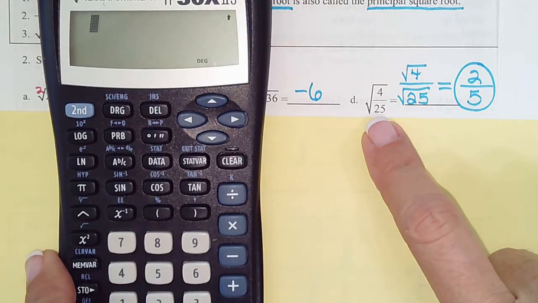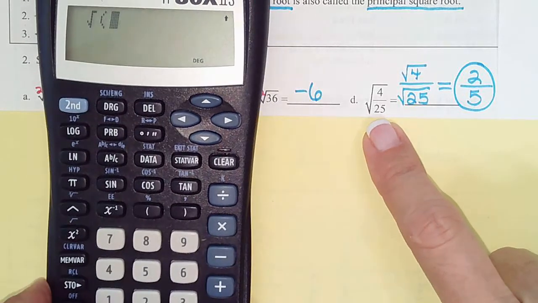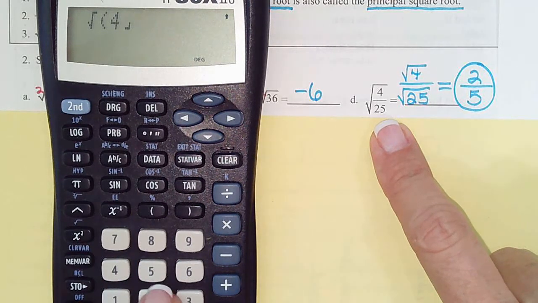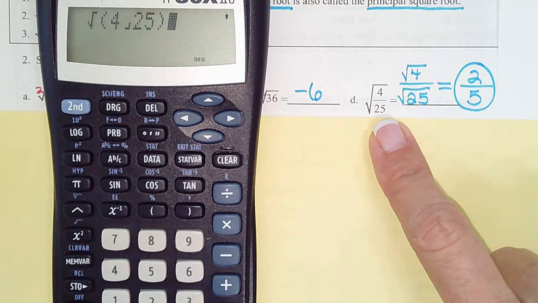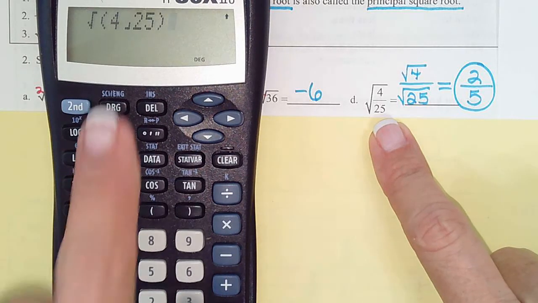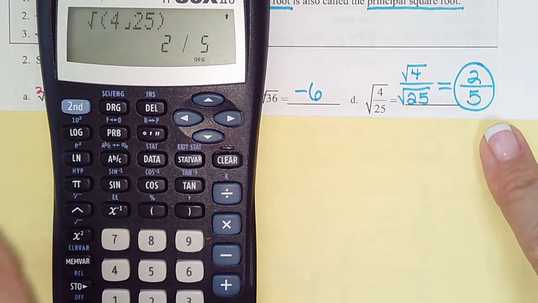So we do second square root, so second x squared, and then we do 4 fraction bar 25. If I hit divided by, division, remember, gives me decimal answers. I don't want a decimal answer, I want a fraction answer. So 4 fraction bar 25 gives me 2/5, and I can verify that.